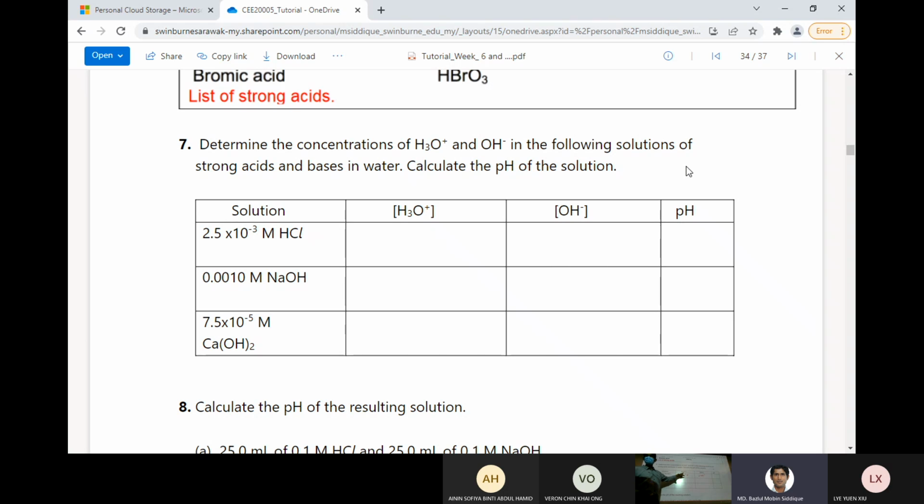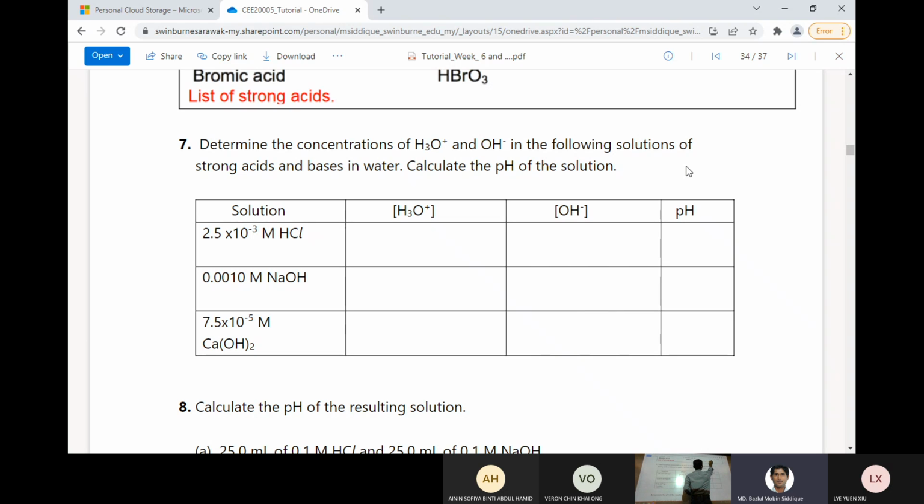It is producing hydroxyl ion, right? So it will produce 0.001 molar of hydroxyl ion. How much hydronium ion is being produced? No, not zero. Think a bit, it is not direct. Sodium hydroxide.